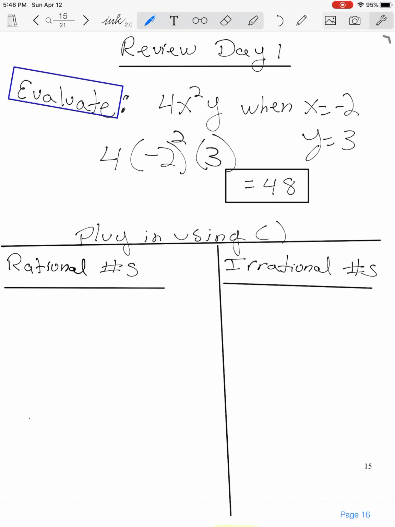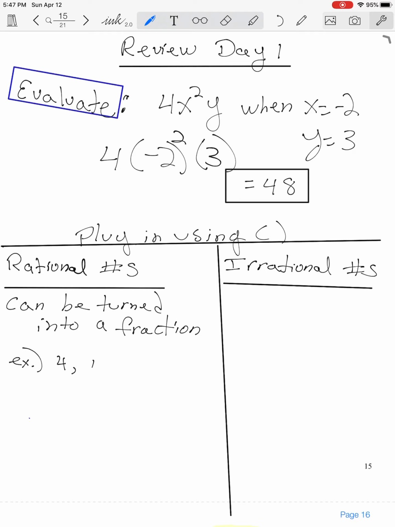The next set of questions is deciding if a number is rational or irrational. Rational numbers are most numbers, okay? They can be turned into a fraction. So it's all types of numbers.